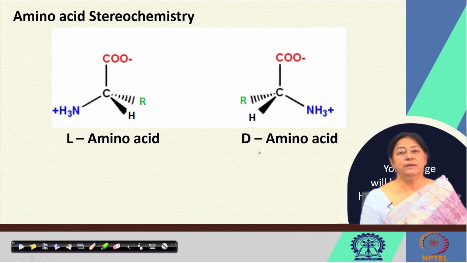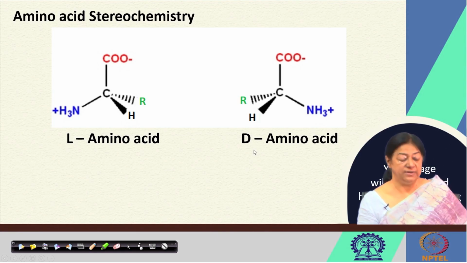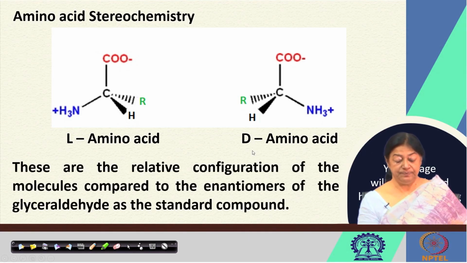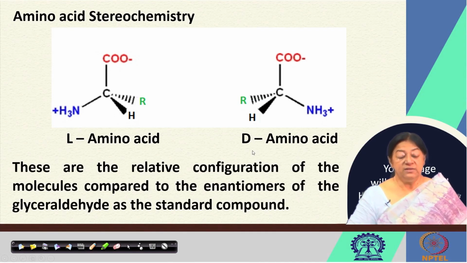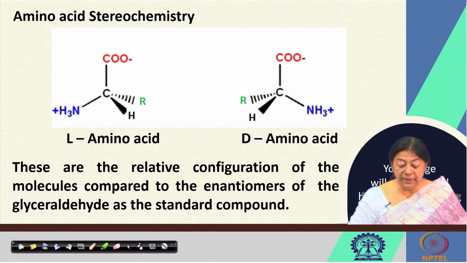So when we look at the amino acid stereochemistry, we have the L-amino acid, we have the D-amino acid. The representation shows where the R group and the NH3 plus group are oriented. These are the relative configurations of the molecules that, as I mentioned, were compared to the enantiomers of glyceraldehyde, considering that as the standard compound.